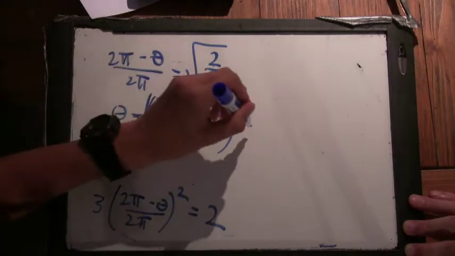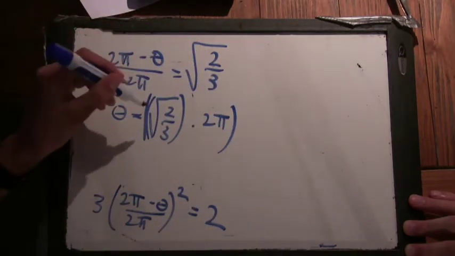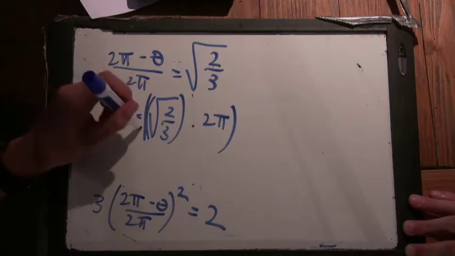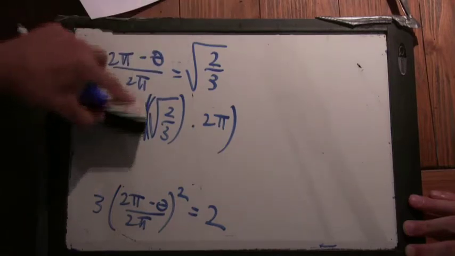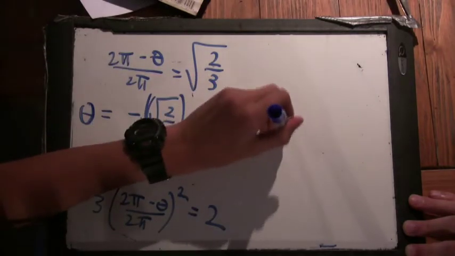And then it's going to be minus 2 pi, but then I have to multiply by minus 1. So this whole expression is going to be minus. So theta equals minus this plus 2 pi.